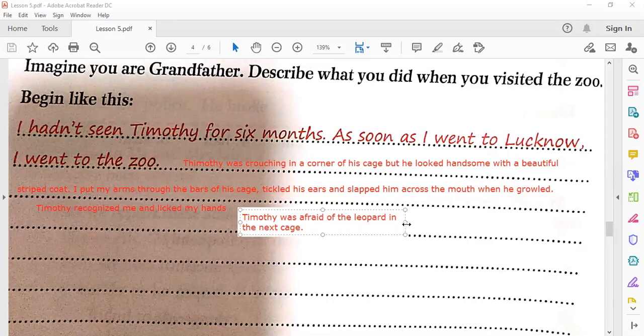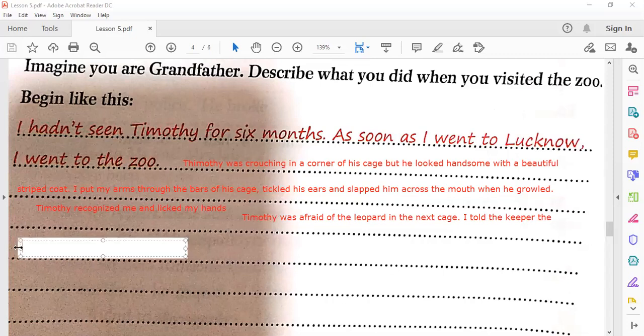I told the keeper that the leopard was frightening my Timothy.